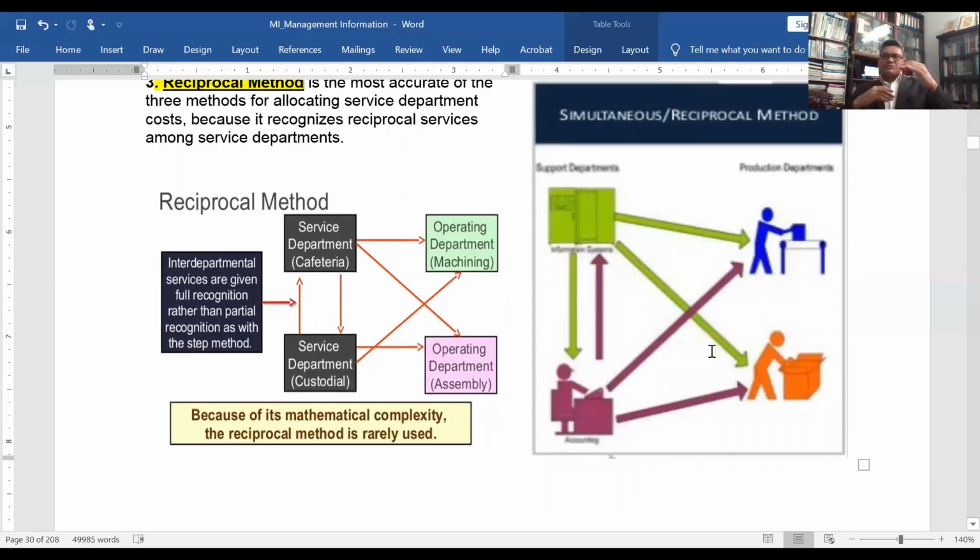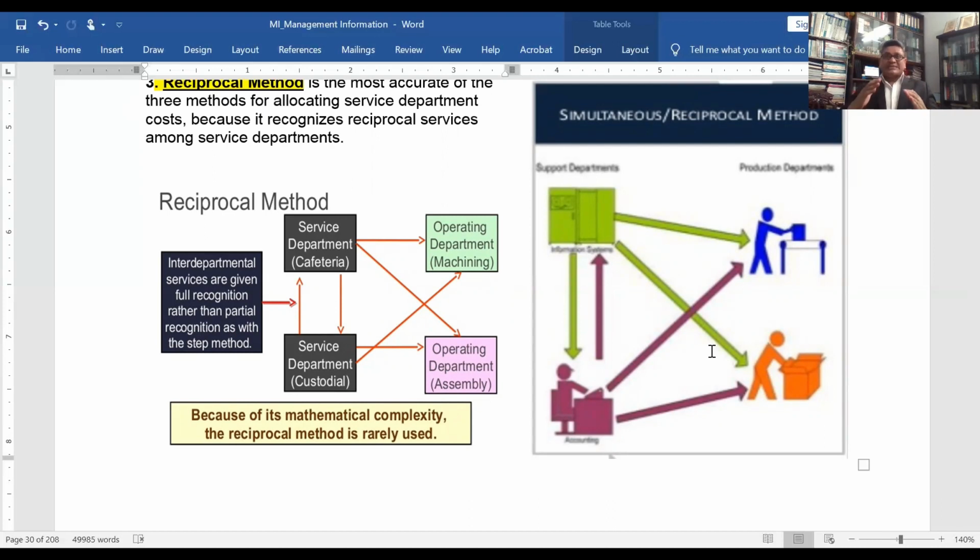If one service department's cost is allocated to another service department, then that service department's cost is again allocated back to the first, and this way it goes round and round. So here is a problem, because of the mathematical complexity, the reciprocal method is rarely used.